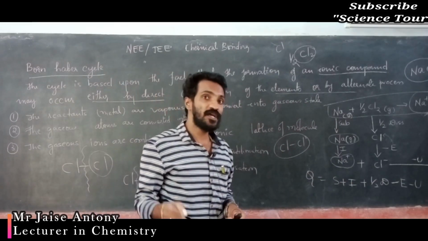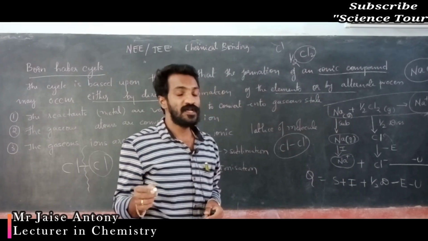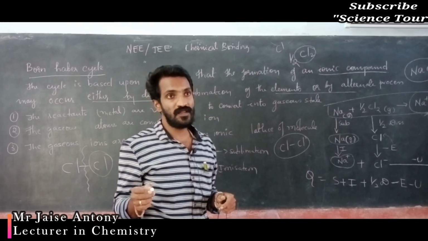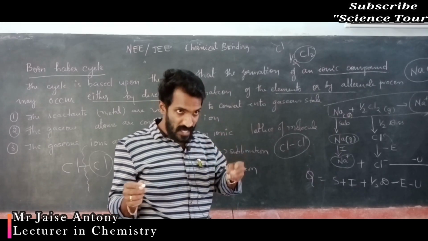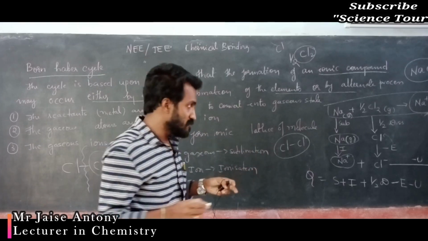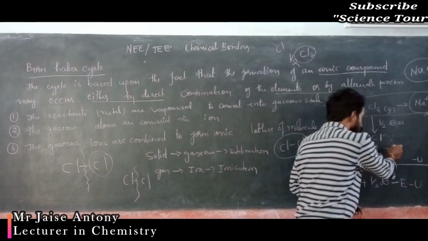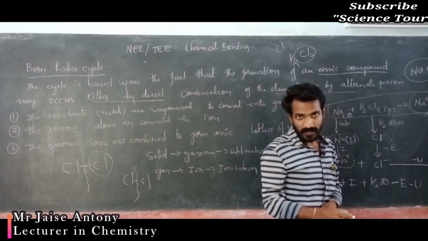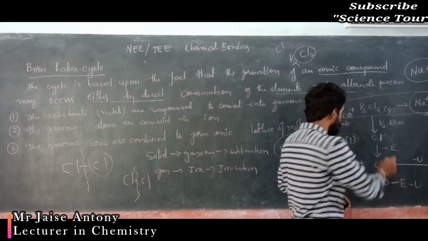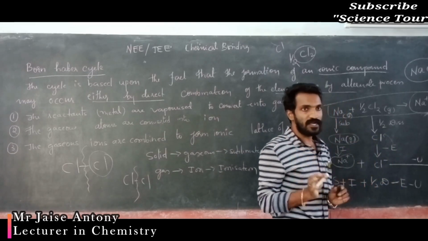My dear students, all that you studied in the classification of the periodic table. That part is over; once again go through that. Electron affinity: we are adding one electron to this particular chlorine atom.